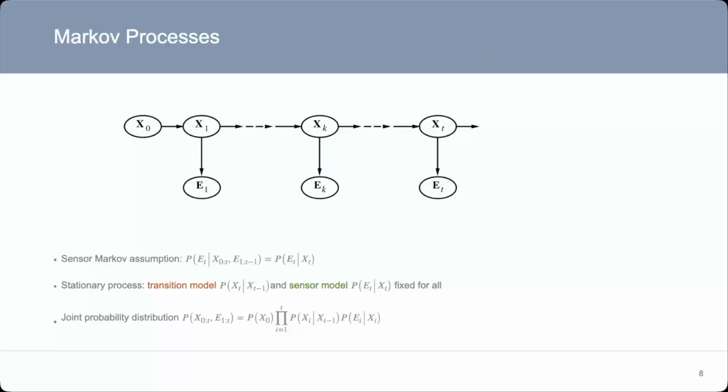The exact derivation of this formulation is beyond the scope of this lecture, but I wanted to write it there to make the point that this factorization is what makes inference in temporal models computationally tractable.